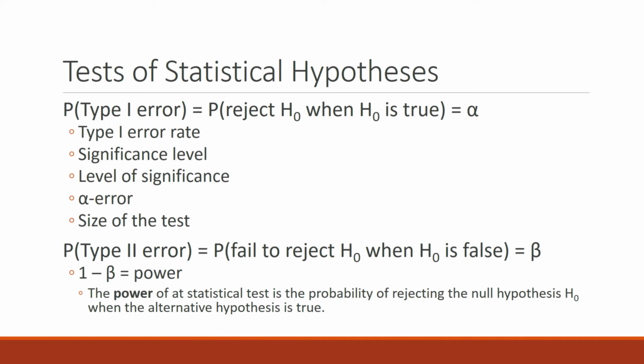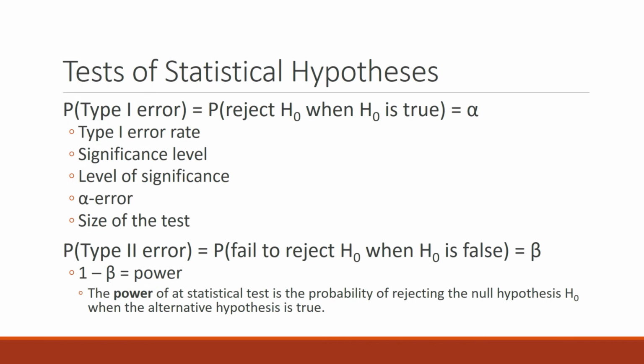Something very closely related to that that's very important when talking about statistical hypotheses is power. And power is defined to be 1 minus beta. So it's 1 minus your probability of a type 2 error. More specifically, the power of a hypothesis test is the probability of rejecting the null hypothesis when the alternative is actually true.